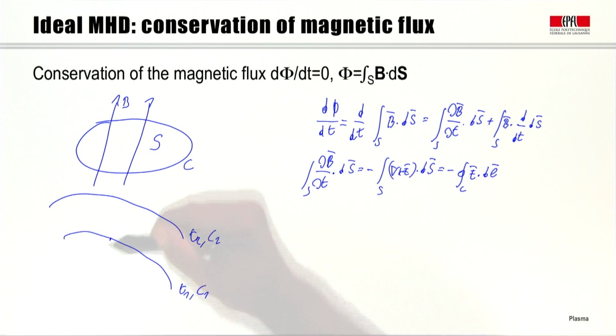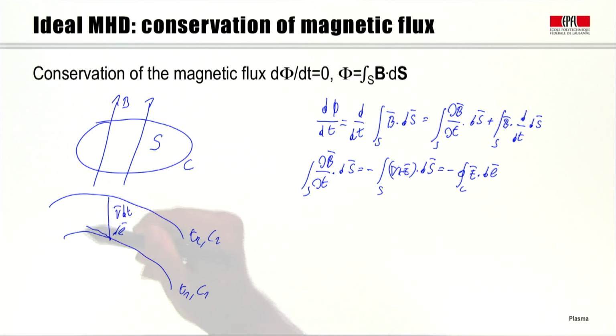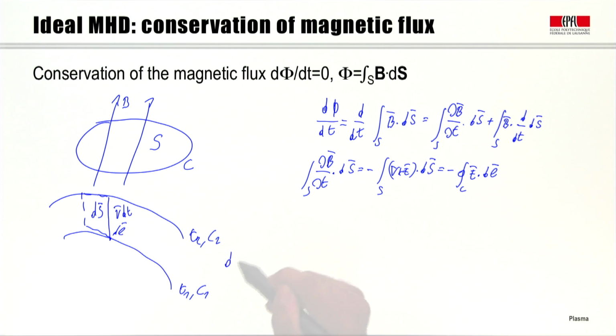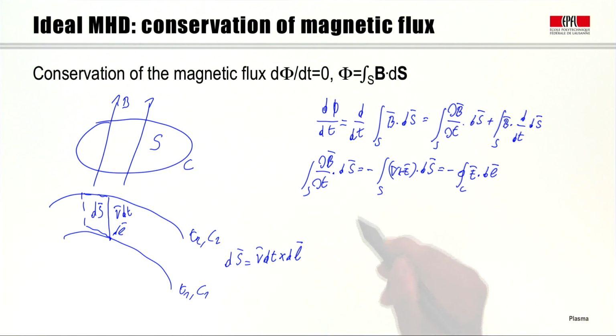So if we take a point on the first contour, we can have the vector dl and then the normal, and so the variation of the surface element dS, we can simply see that it is the cross product of v dt cross dl. So we can use this expression for dS in the second term of our integral.